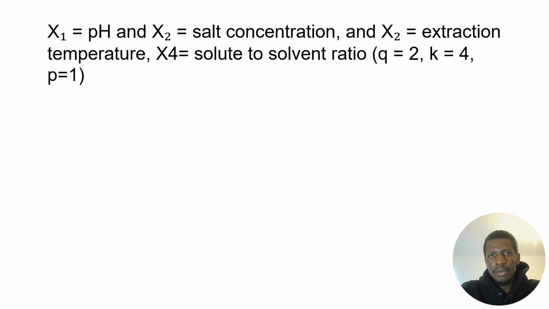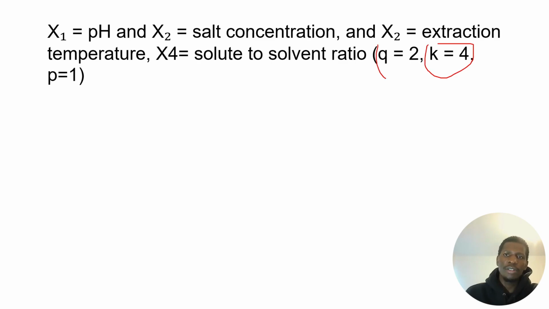Let's make things a bit more complex. Instead of running these extraction experiments by studying just 3 factors, we've decided to add one more factor, which is the solute to solvent ratio. If we do that, then the number of factors will be equal to 4.